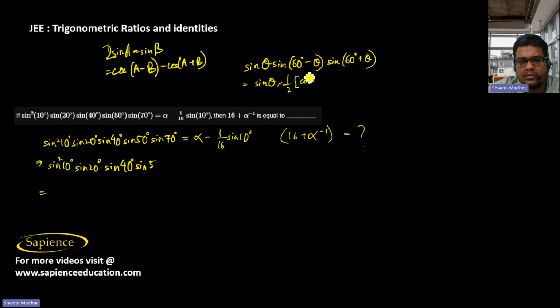So this will be cos of a minus b, which is cos 2 theta, minus cos a plus b, which is cos 120 degree. Cos 120 degree is minus half. So it's sine theta into half into, cos 2 theta is 1 minus 2 sine square theta, minus half, so plus half, it is plus 3 by 2.